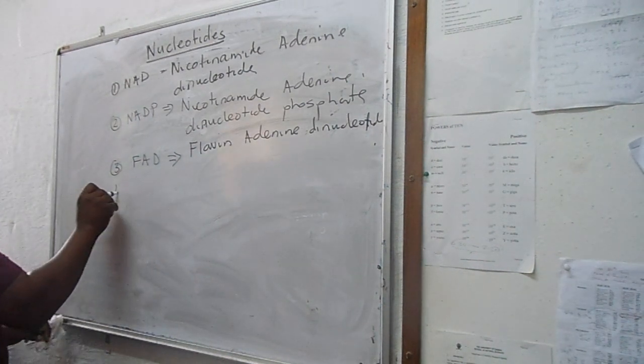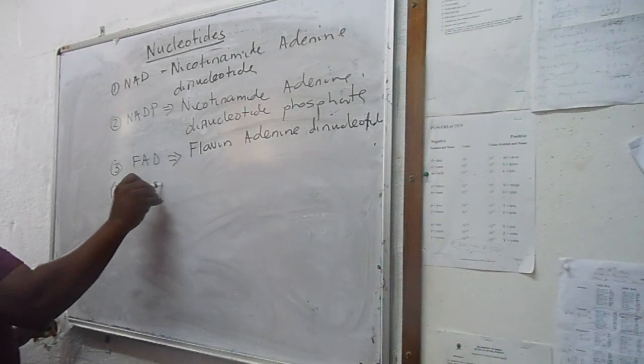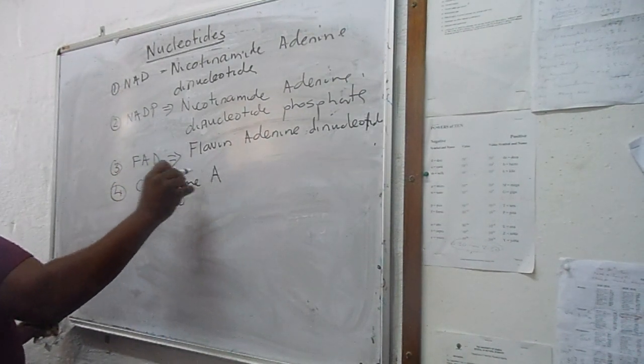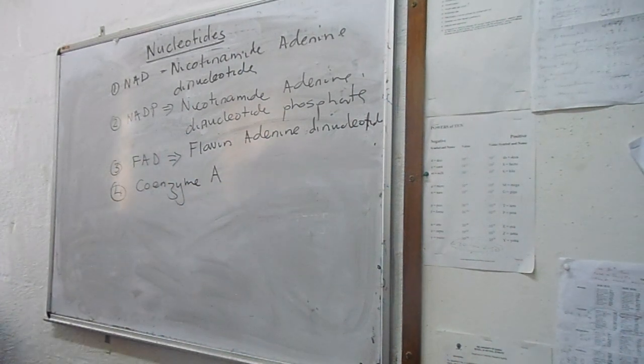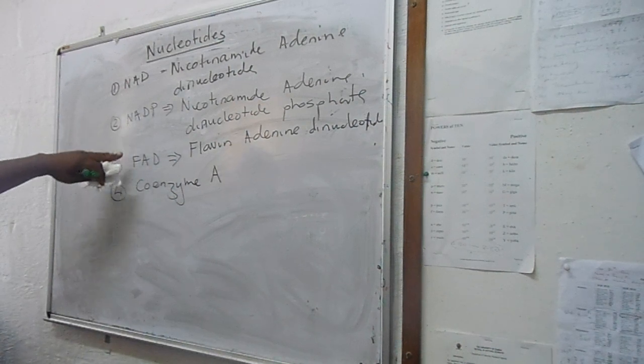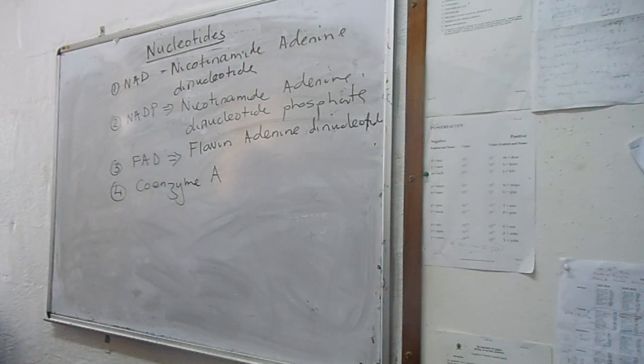Other ones that we know include coenzyme A. These are but a few examples of coenzymes. NAD is a coenzyme, NADPH is a coenzyme, FAD is a coenzyme, coenzyme A is a coenzyme.